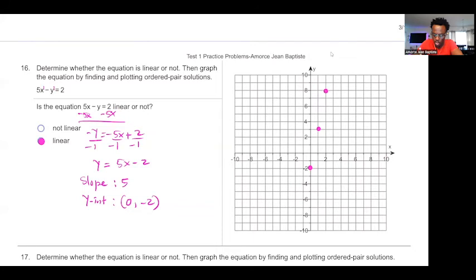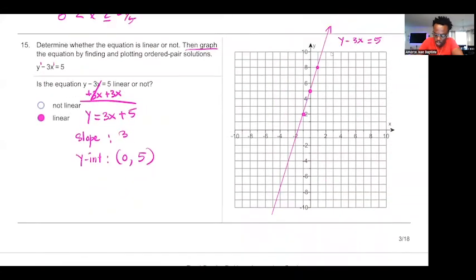I have another ordered pair here. And then I can connect, just like we did earlier. So that is the equation of my line, 5x minus y equals 2.